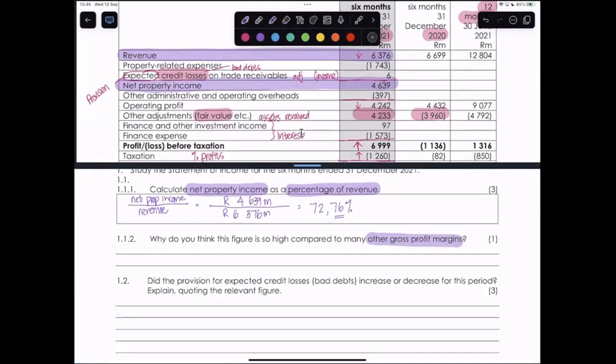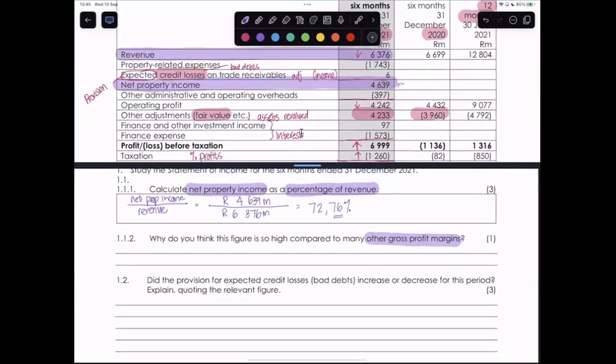In other words, I'm showing you that this figure here kind of equates or is similar to gross profit for a trading business, because it's taking your basic revenue and subtracting the costs that are directly related to that revenue, including, interestingly, the expected credit losses on trade receivables. Now, we normally just show that as part of other income, but it is possible to put it over here because obviously it does relate directly to the revenue, so it's quite a sensible way of showing it.